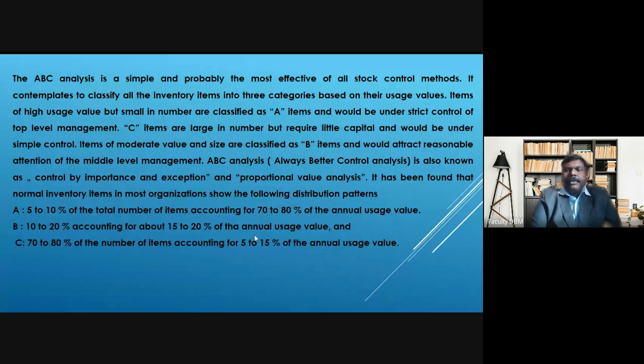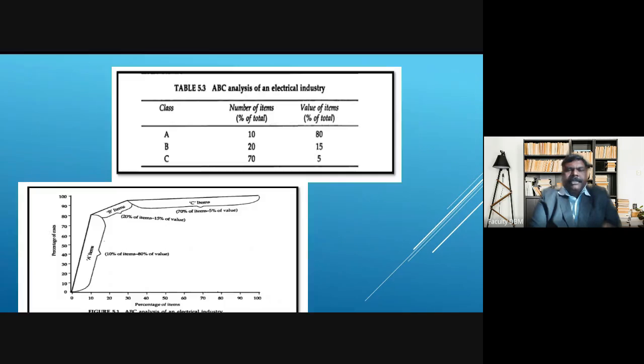So according to usage value they are classified as A items, B items, C items.